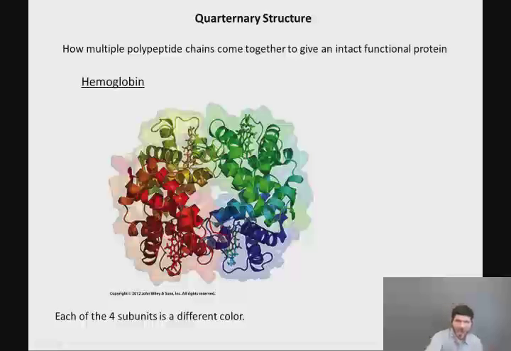You can also see the porphyrin units indicated in more of a ball and stick drawing rather than the ribbon drawing. And this is shown so that each of the 4 subunits, the 4 independent polypeptide chains that each have an N-terminus and a C-terminus, are a different color. So you have the red chain, the yellow chain, the green chain, and the blue chain.